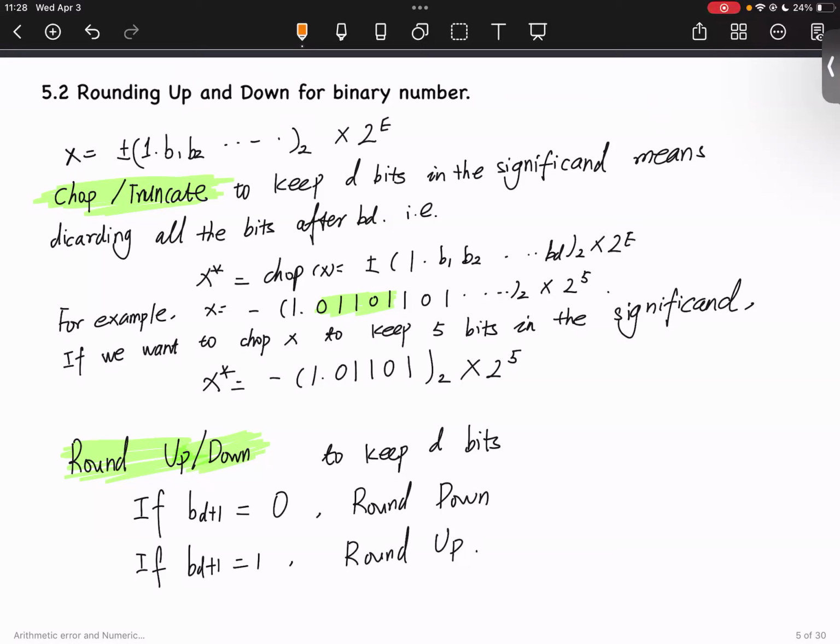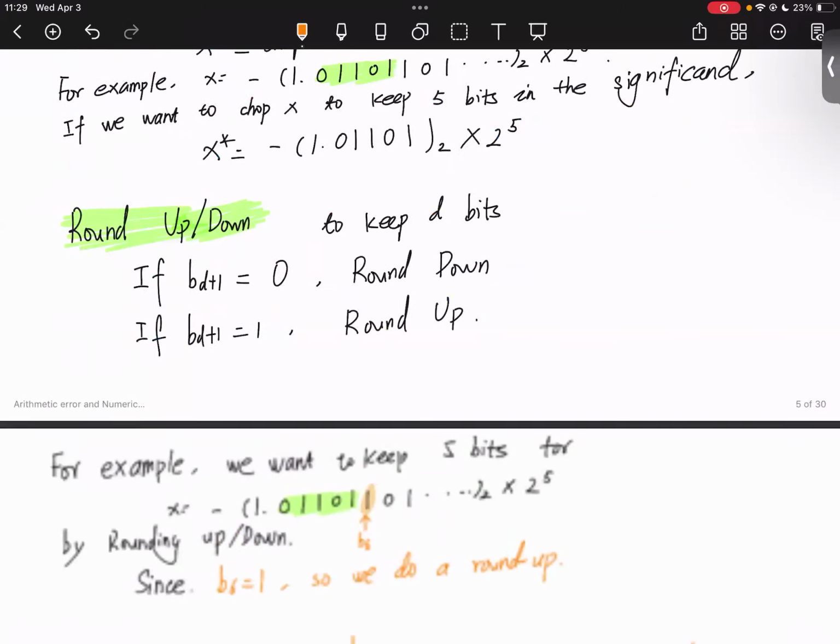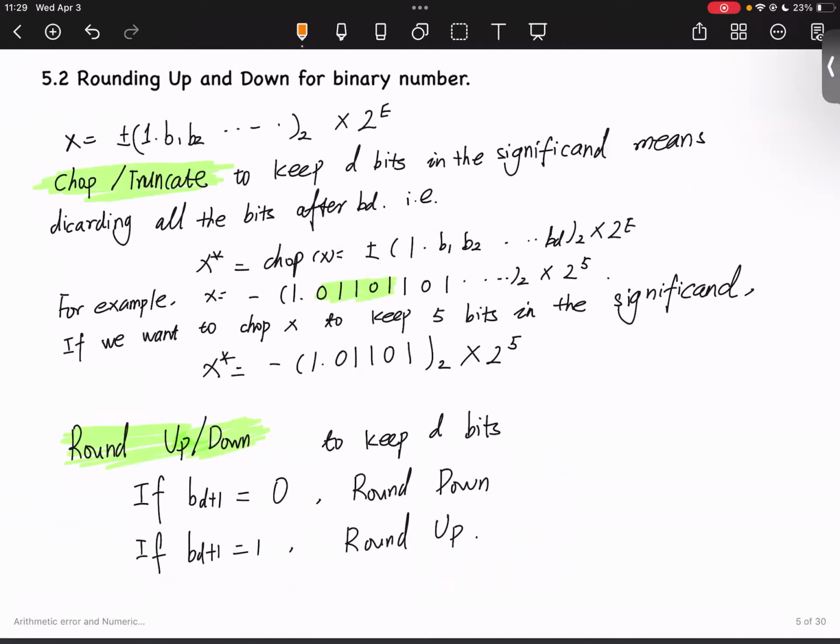If we want to do rounding up and rounding down, we do something similar. In base 10 the criterion is whether the digit is smaller than 5 or bigger than or equal to 5. But in the binary way it's quite easy, you don't have the number 5.